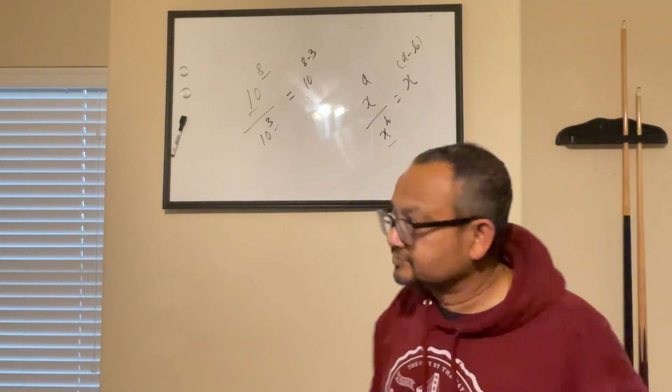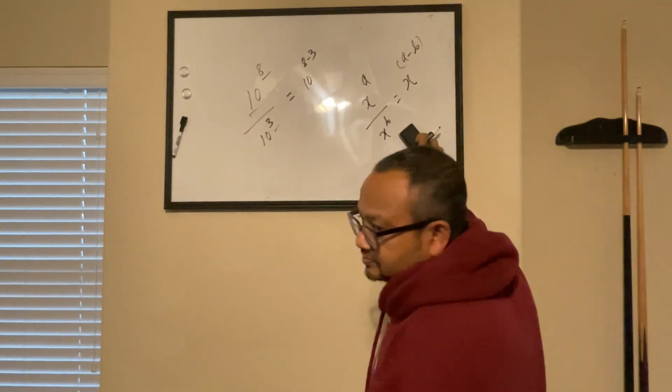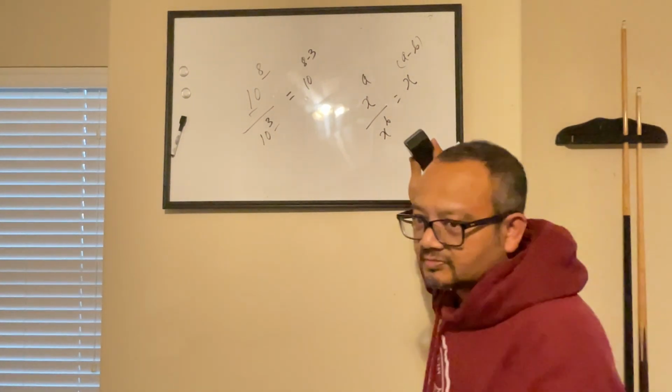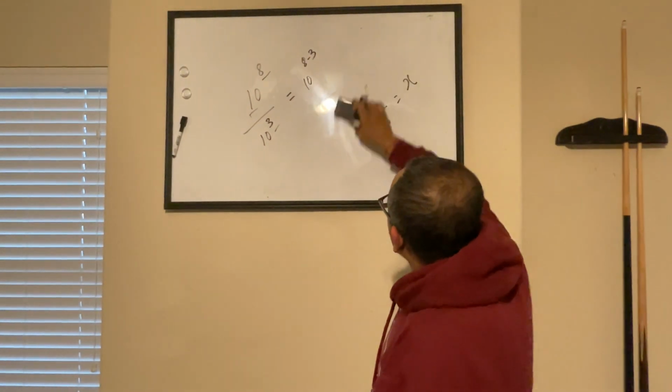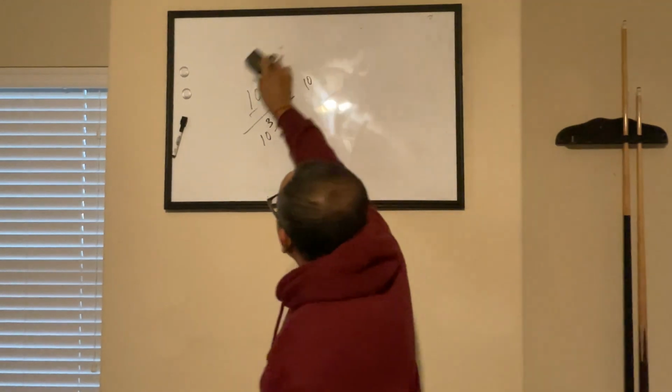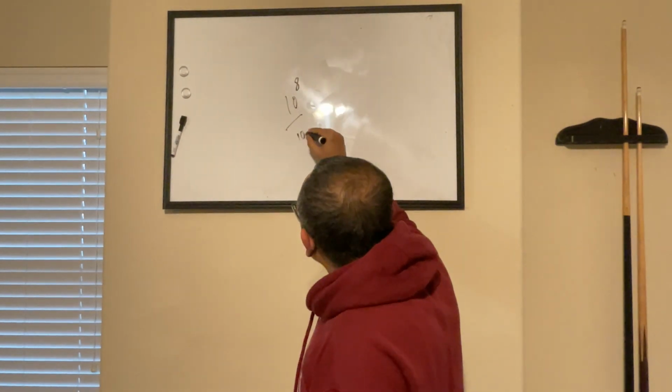Okay, clear? Why are we using these formulas? We can also do it if somebody says 10 to the power 8 by 10 to the power 3.